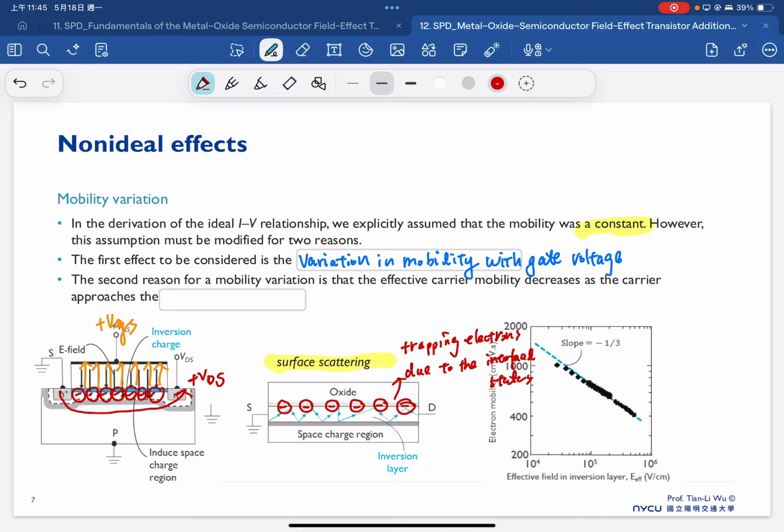This trapped electron also causes a repulsive force on our conducting electrons, because it is a negative charge, and the electrons flowing in the channel are also negative charge. Once you have a negative charge close to another negative charge, for sure you will induce a Coulomb repulsive force. This negative charge will try to push the surface conducting electrons away, and that will cause mobility degradation, and that's what we call the surface scattering.